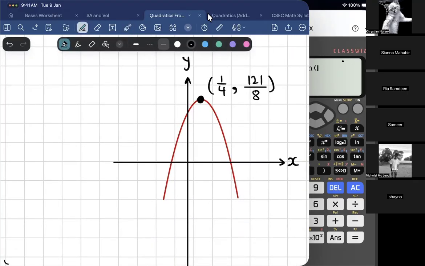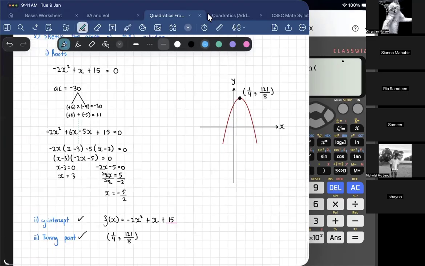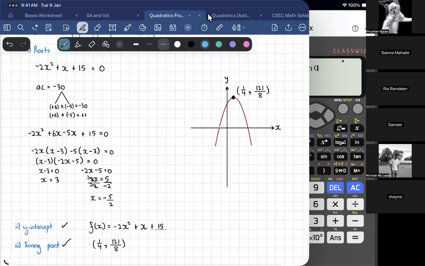And so could somebody tell me what the value over here is going to be? Would it be -5/2, sir? Yep, that is correct, -5/2.